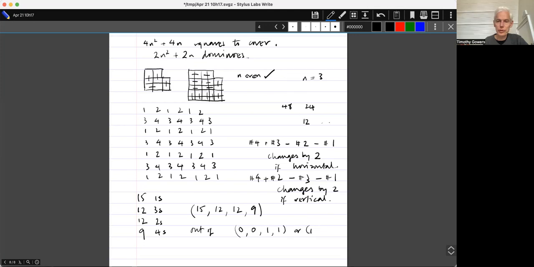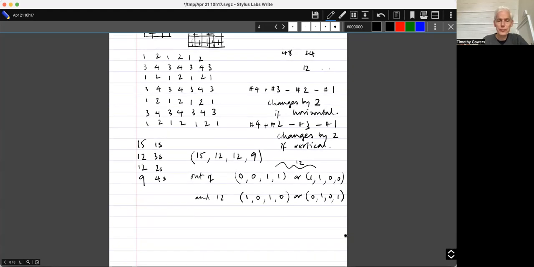So if I put a horizontal one down, then I've got no ones, no twos, a 3 and a 4, or a 1 and a 2, no 3s, no 4s. So 12 of those, and 12 of these. And I think the answer is going to be no.